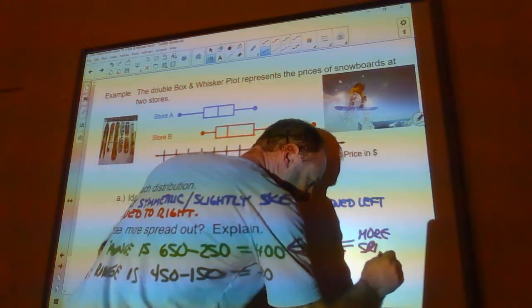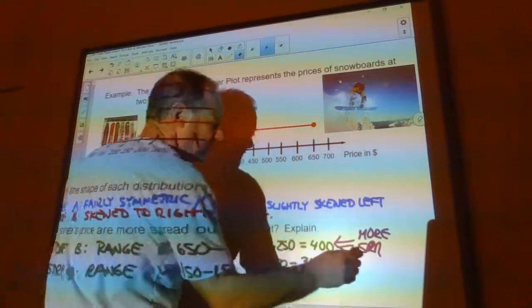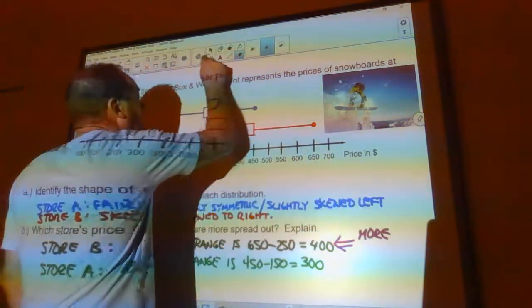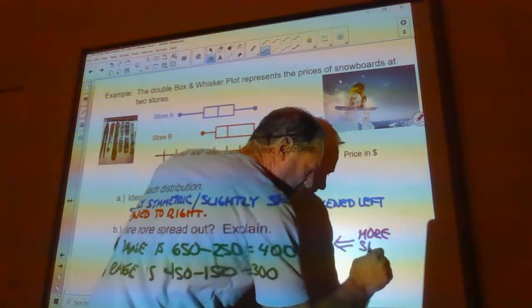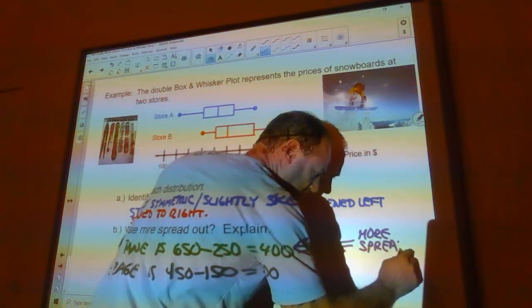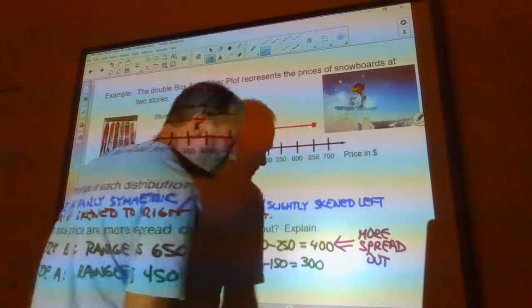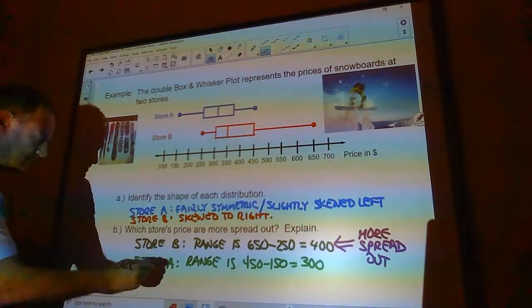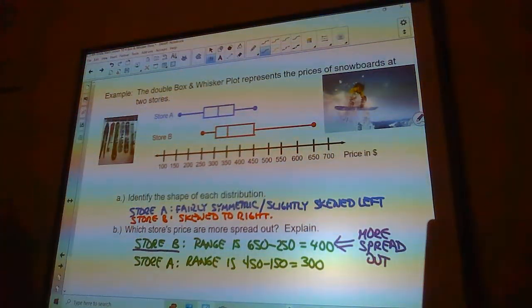Oops. Can't write today. More spread out. Okay, so there we go.